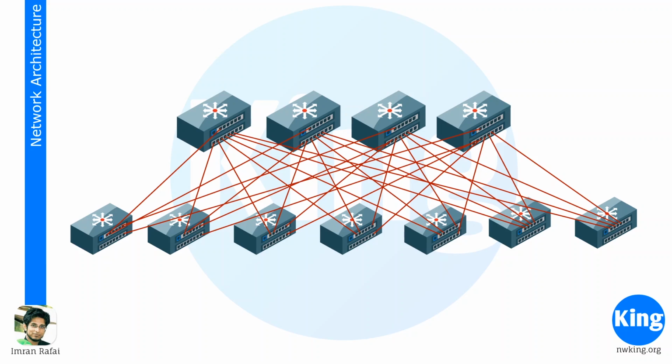Another architecture that you will see is called spine leaf, right? Spine leaf. That's because these are the spine layer and this is the leaf layer, right?